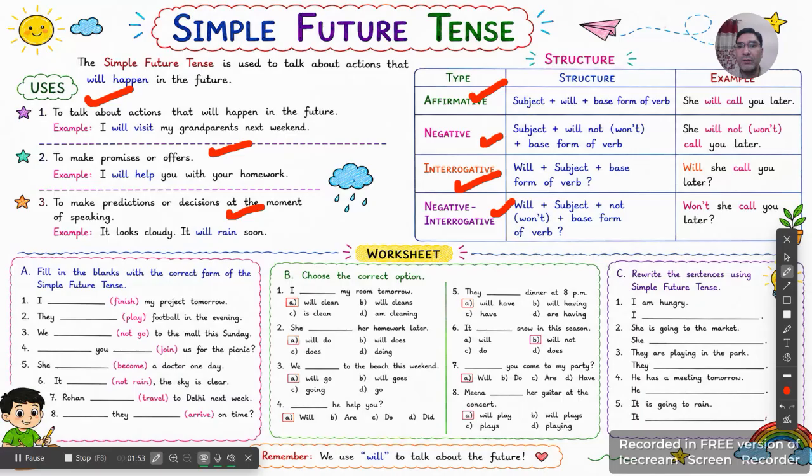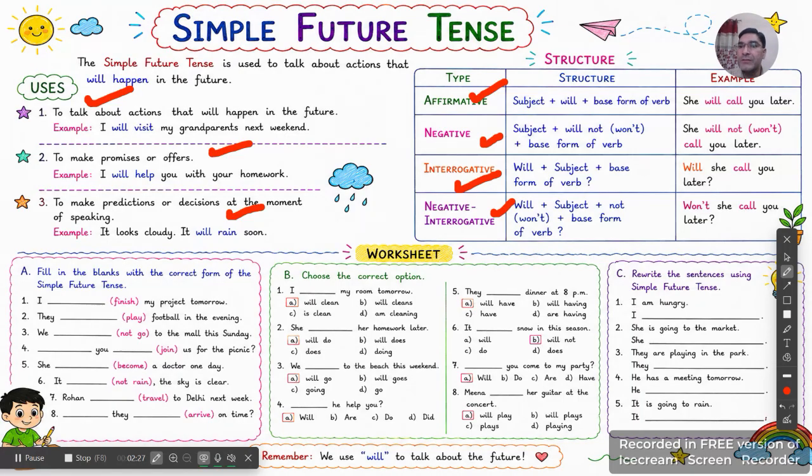So one thing I would like to add again, like I told in previous videos also, the difference between will not and won't. First of all, you remember, will is used always with the second and third person, and shall is used only with the first person, that is I and we.